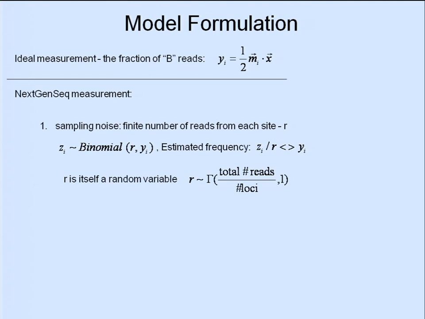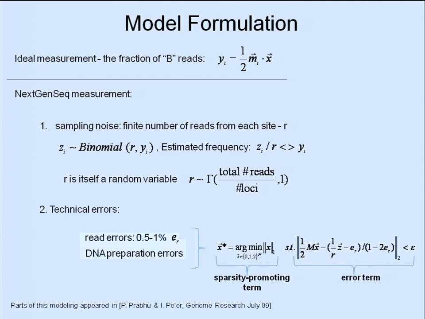There are many other sources of noise. For example, the coverage will not be uniform. So if you amplify different regions in the genome, and you actually do this experiment, you can get different coverage for different regions, which means that for the regions with high coverage, it will be more accurate. For regions with less coverage, it will be less. So we also model that, coverage. Also other sort of technical errors, for example, sequencing machines and DNA amplification errors.